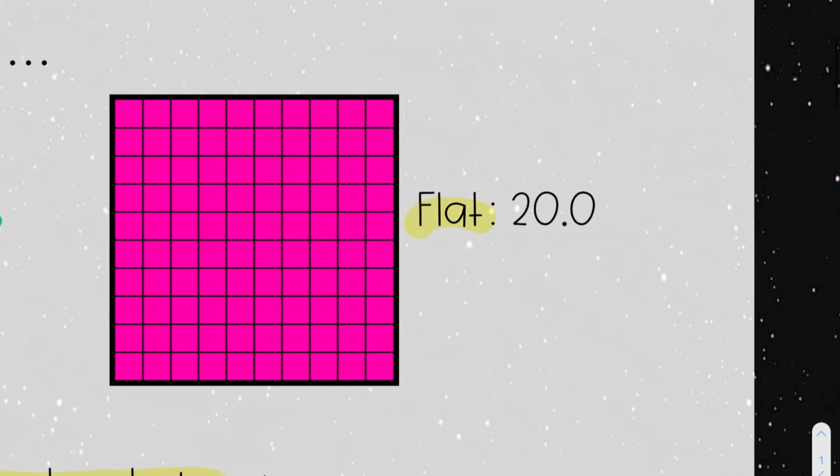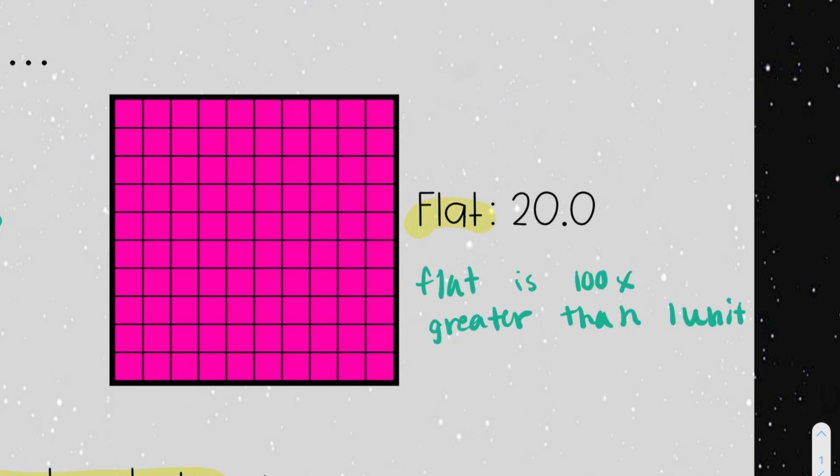Now a flat is 100 times greater compared to a unit because I have 100 units in a flat. So I have 100 2 tenths. So I could do 2 tenths times 100 because that's how many units I have in this flat.